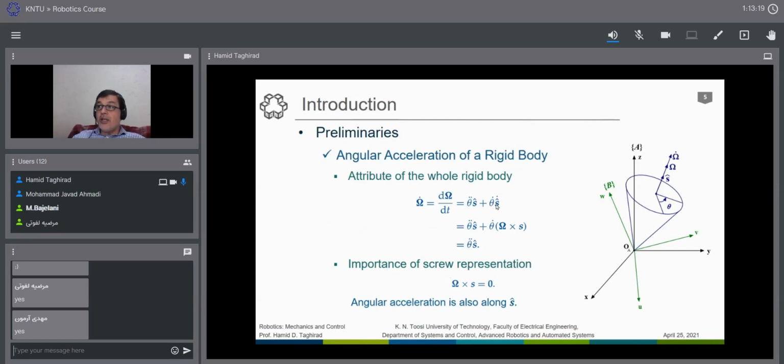And this s hat dot, as you can see, is nothing but the golden rule. If you sit on the moving frame, there is no difference here. S dot is omega cross s. This should be s hat. S hat dot is omega cross s hat.